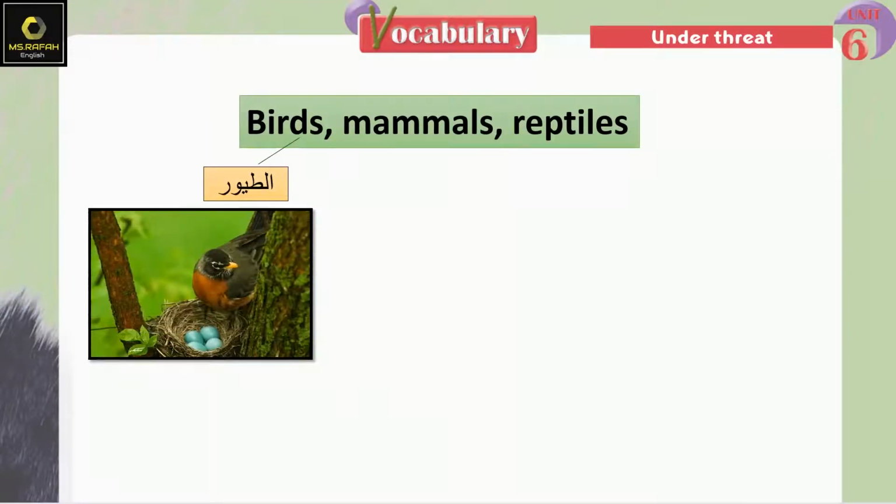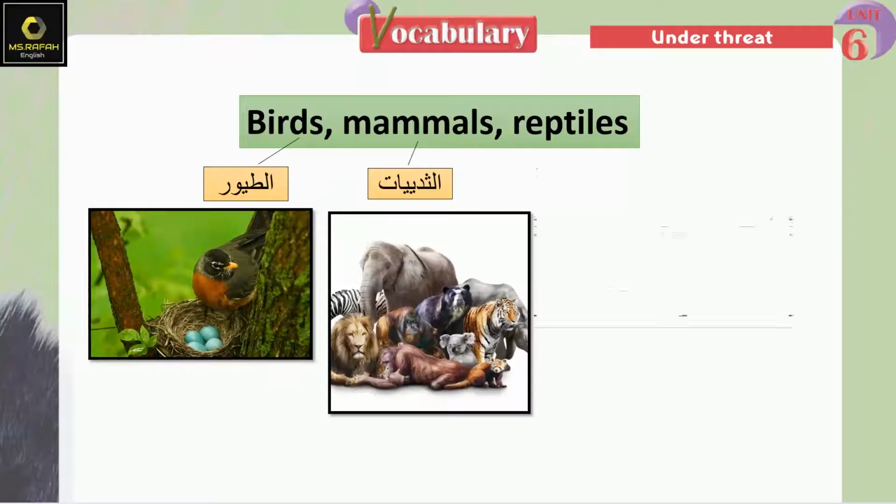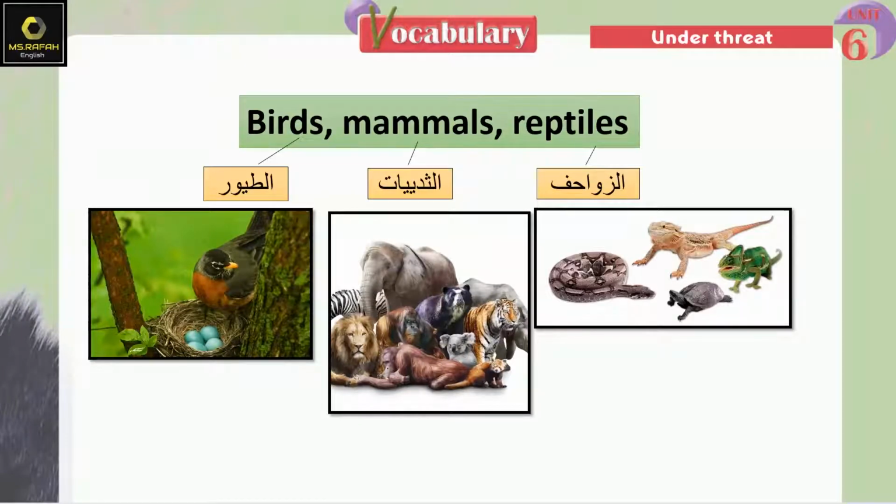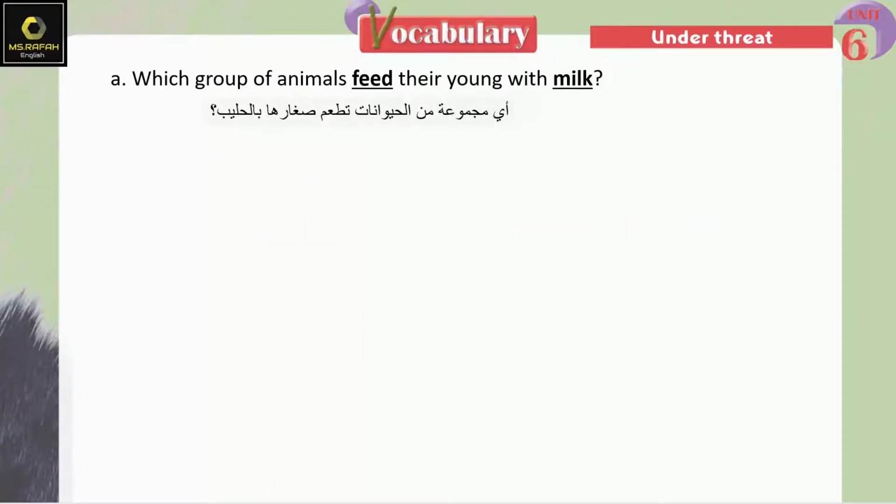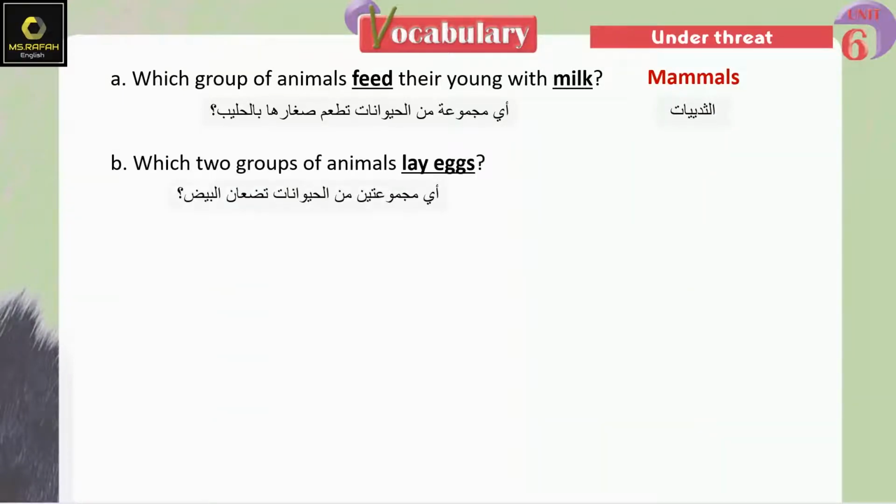Birds, mammals, reptiles. Which group of animals feed their young with milk? Mammals. Which two groups of animals lay eggs? Reptiles and birds.